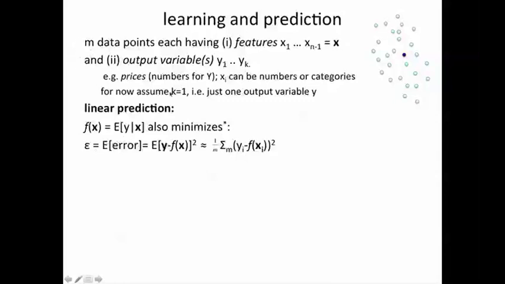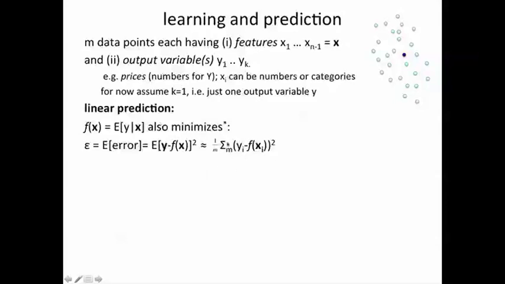There are m different data points, so we take the sum of all these squared errors and divide by m to get the average error. And that's nothing but the expected value of the error as measured by the square of the difference between y and the predicted y.